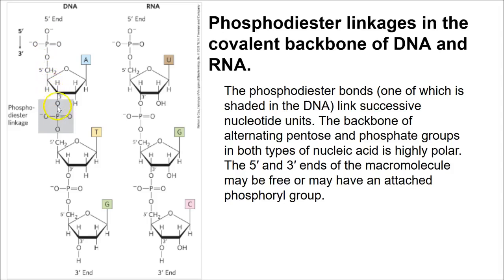The other attachment of the phosphate group is on the third carbon of the carbohydrate ring, and from there it attaches to the fifth carbon, and then another attachment on the third carbon attaching to the fifth carbon, and at least for this picture, you have a free macromolecule for that third position on this carbohydrate.